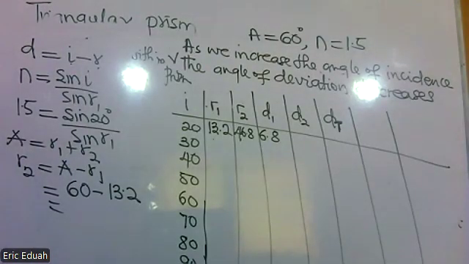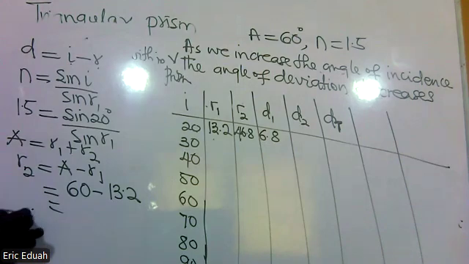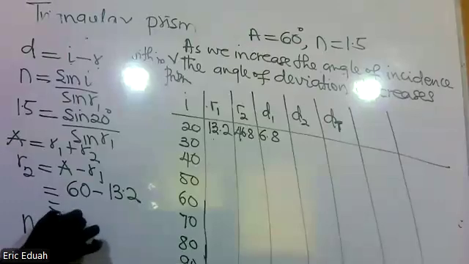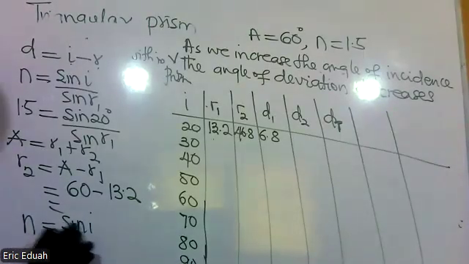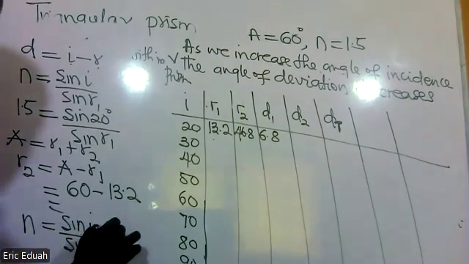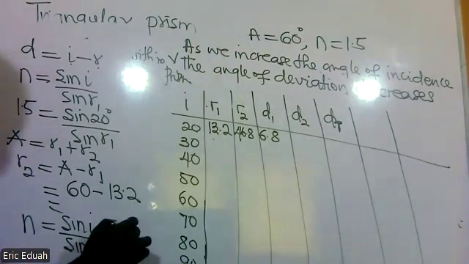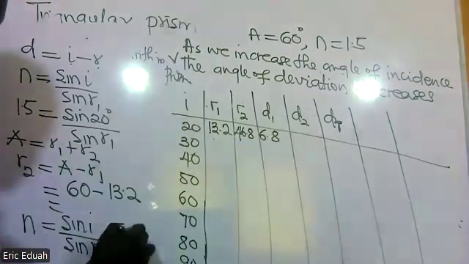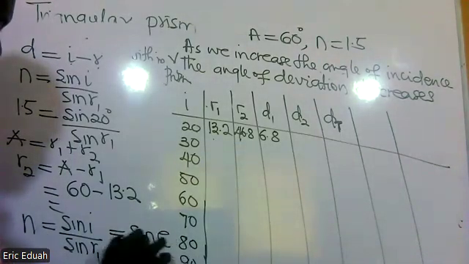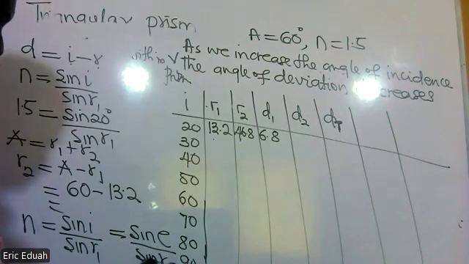What about D2? Okay, let me guide in determining the second deviation. You can find the refractive index by sine of I over sine of R1, which will also be the same as when you are moving from right to left, sine of E over sine of R2.